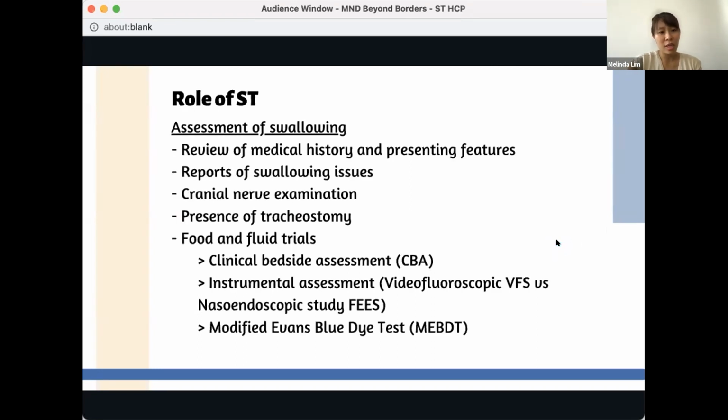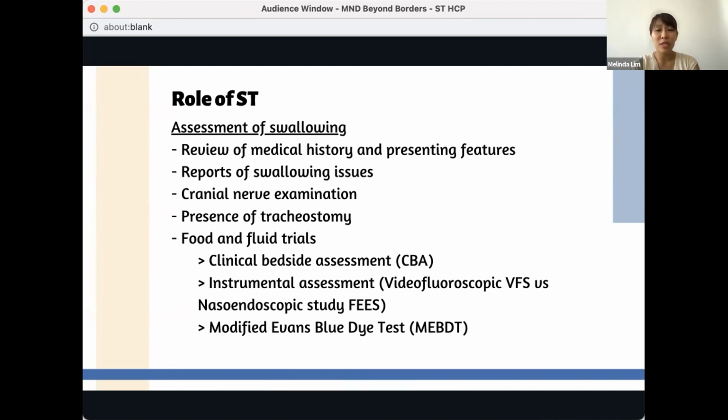Our role in looking at swallowing is looking at the medical history, looking at what the presenting features are, and getting a report of what the issues would be, looking at their cranial nerves, like mentioned just now, whether there is a tracheostomy or not.